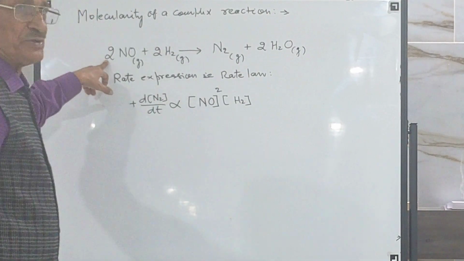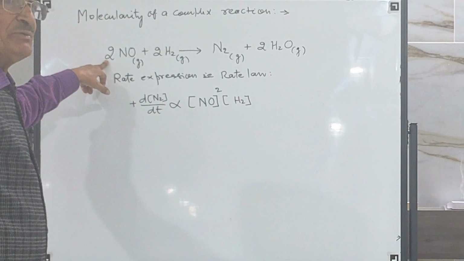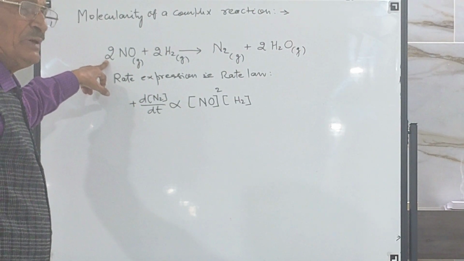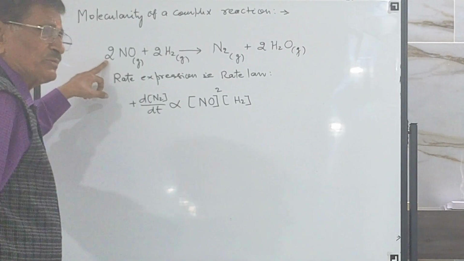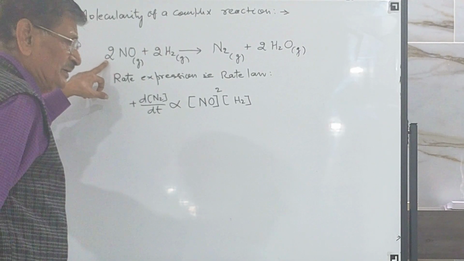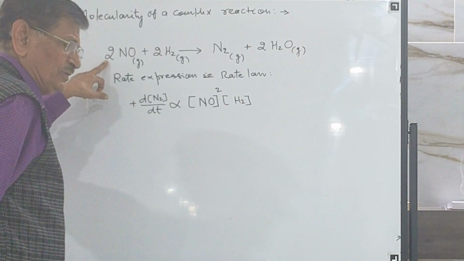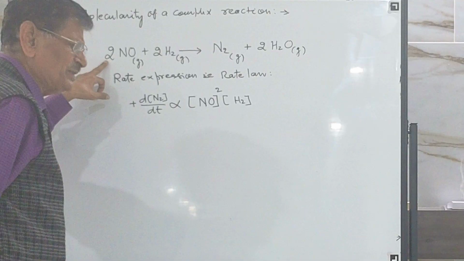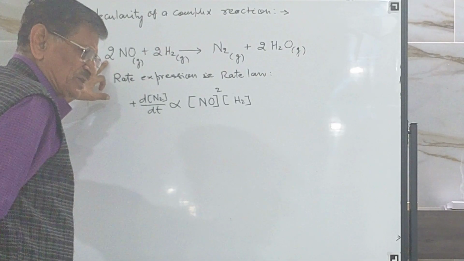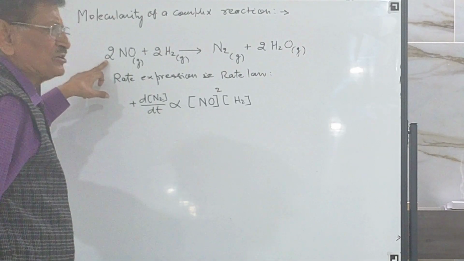Because according to the law of mass action, the rate of a chemical reaction varies as the product of the active masses, meaning the molar concentrations of the reacting species.